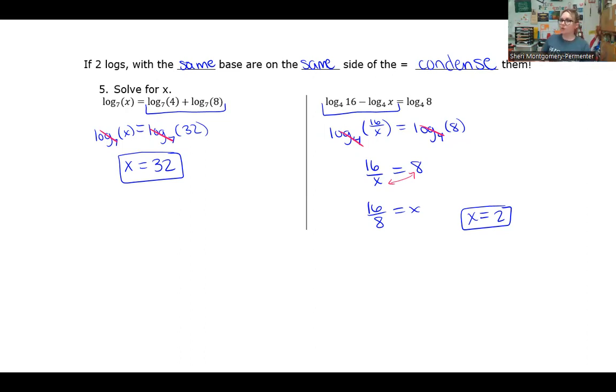On your review that you should have started, questions 25 and 28, those are like these problems. There isn't any on your homework, but there are definitely some on the review. There are some on your tests. So question 25 and 28, you have to condense those before you can solve. Same with question 31. 25, 28, 31, you have to condense all of those before you can solve.